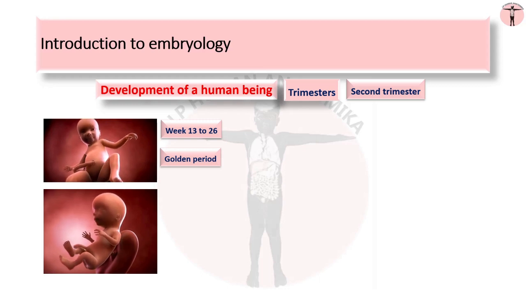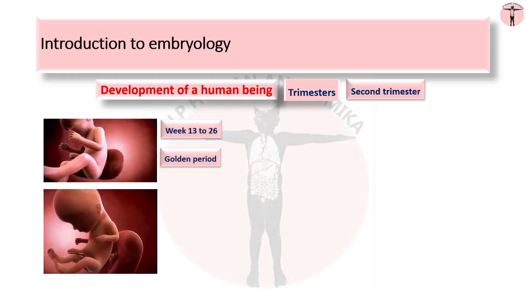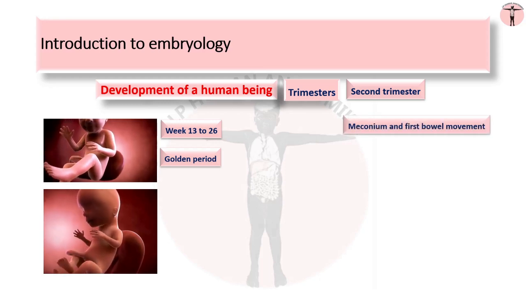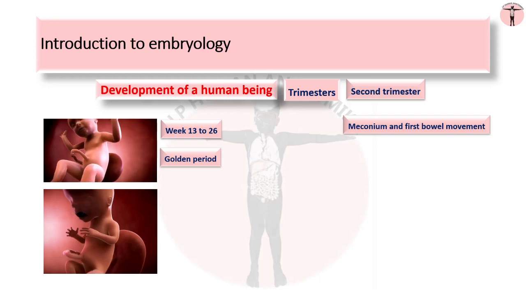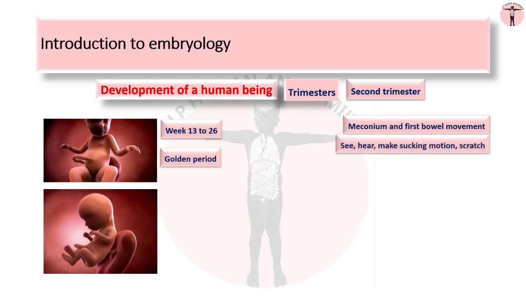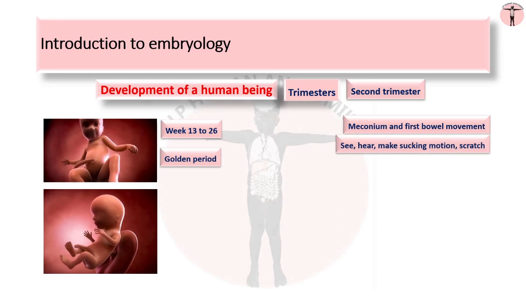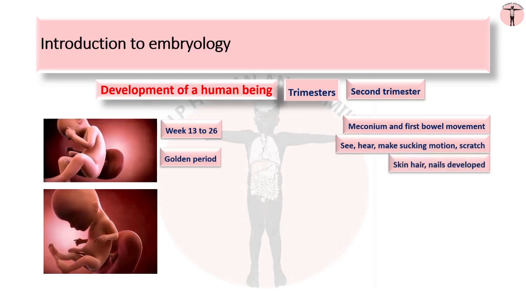By the end of the second trimester, the following will have happened. Meconium, the baby's feces and first bowel movement, has developed in the intestines. The fetus can see, hear, make a sucking motion, and scratch itself. Skin, hair, and nails have developed.